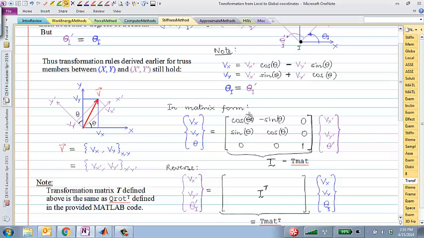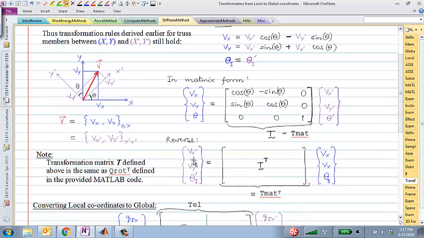That 2 cross 2 was the transformation matrix. Now, if I want to go from Vx prime, Vy prime, theta prime to Vx, Vy, theta, all we need is a 1 in the third row and third column. And now the transformation matrix is 3 cross 3 instead of a 2 cross 2. That's the only difference.